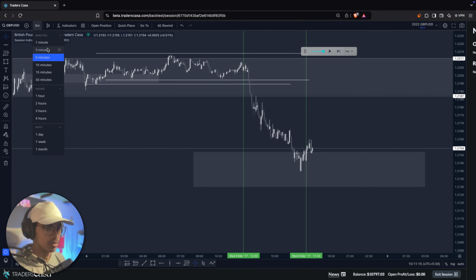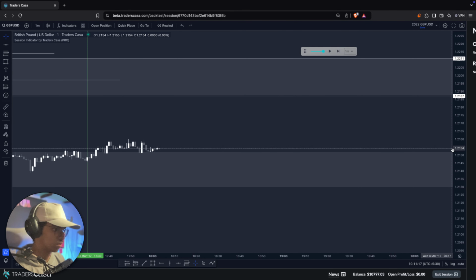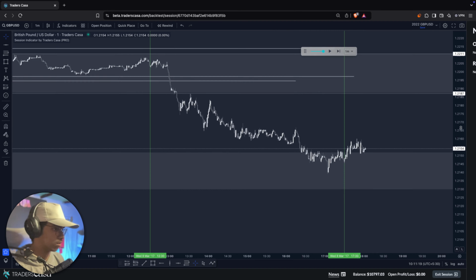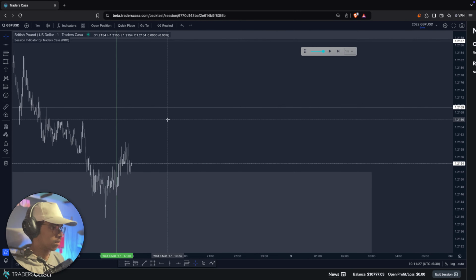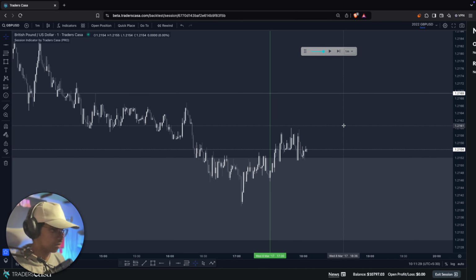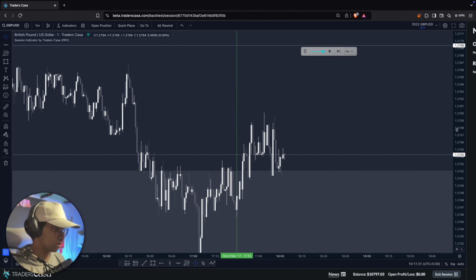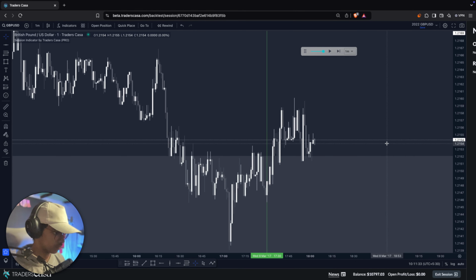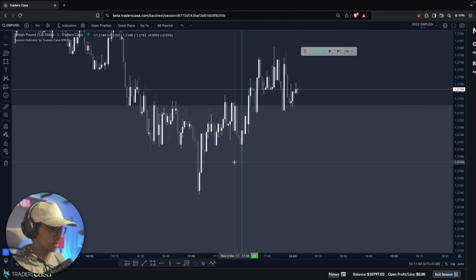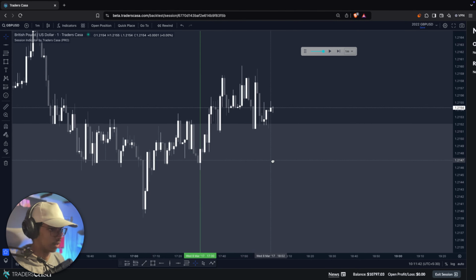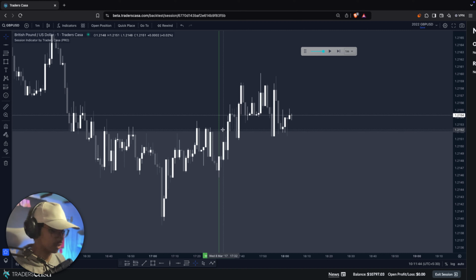Is there anything on the 1 minute time frame? 1.2170. Okay, so the price has been here. There's a fair value gap in here as well, and there is a change in structure of delivery.